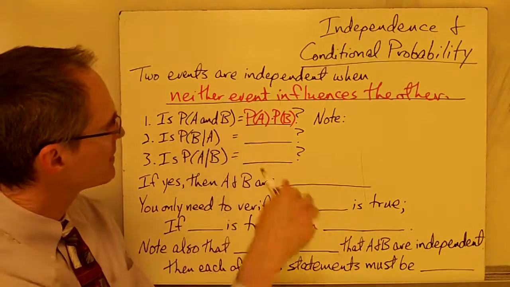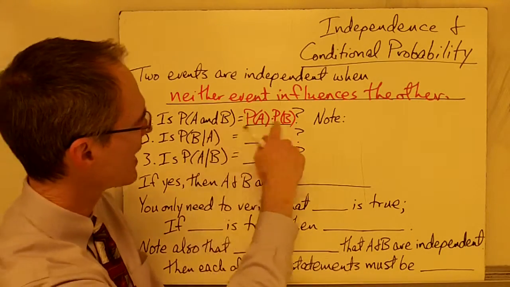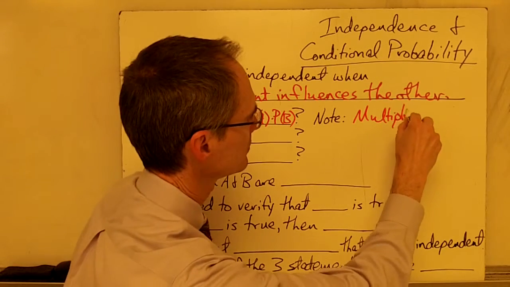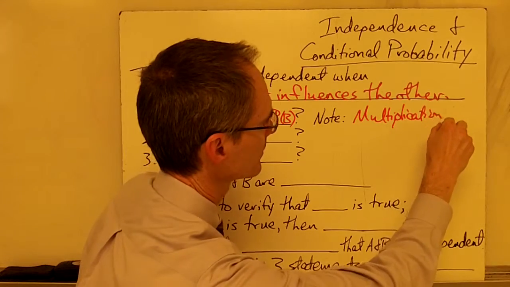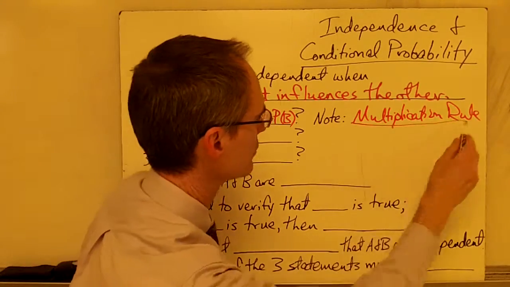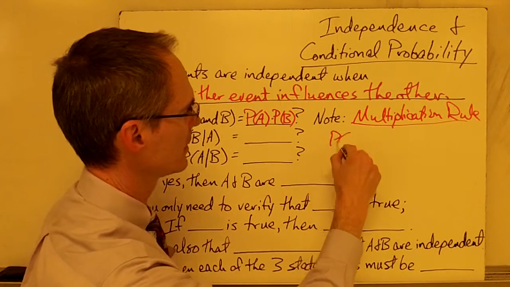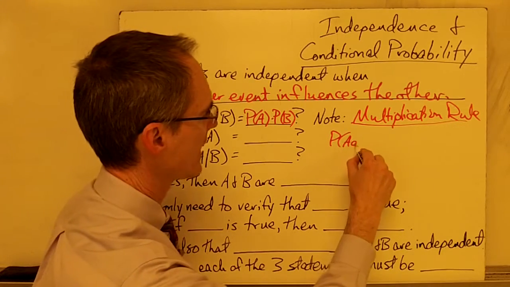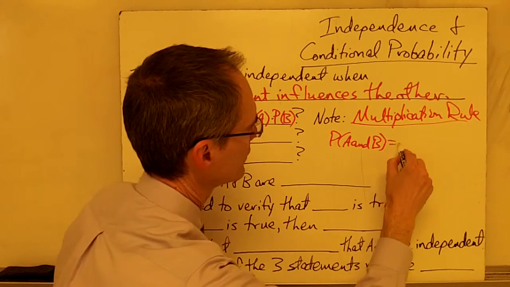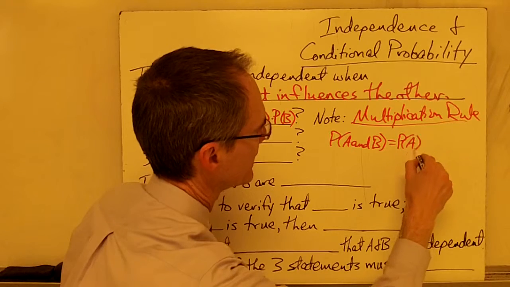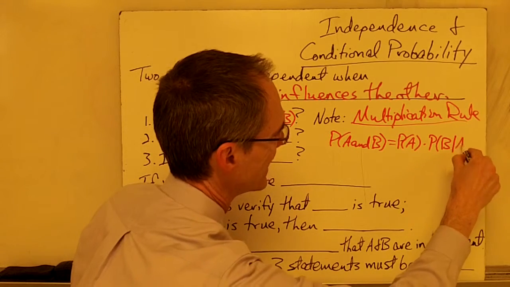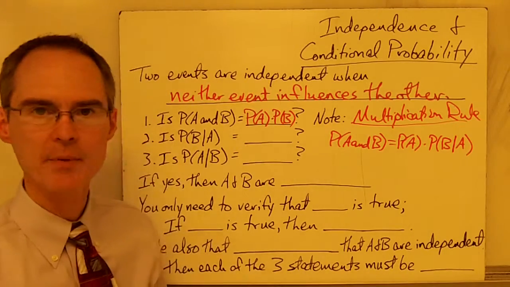Now, you may be thinking to yourself, this looks kind of like the multiplication rule. And it does. The multiplication rule, remember, looks like the probability of A and B equals the probability of A times the probability of B, given that event A has already happened.